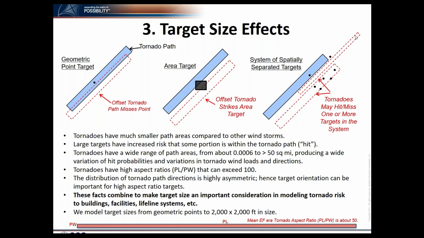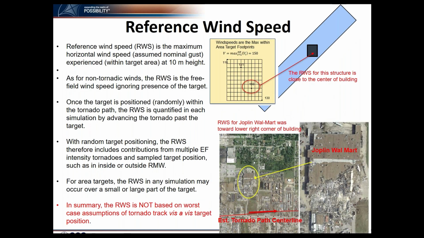And if the tornado paths are very narrow, then you can also miss the spatially distributed system. So in short, target size is important in considering tornado risks for building facilities and lifeline systems. So we model targets from geometric points to a very large target like 2000 by 2000 size.